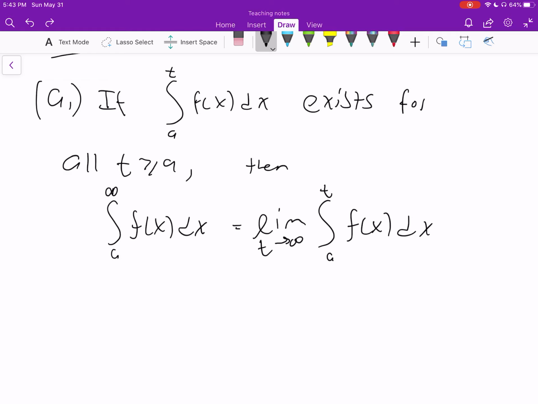And this is really important. One of the things that you're going to get points docked off for is if you try and evaluate this thing at infinity. What I mean by that is drawing the line after you find an antiderivative and writing a and infinity up there. Again, infinity is not a number.